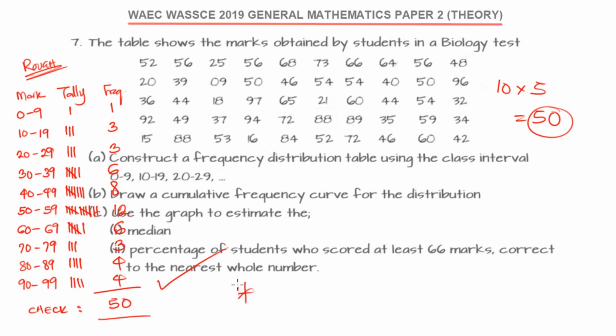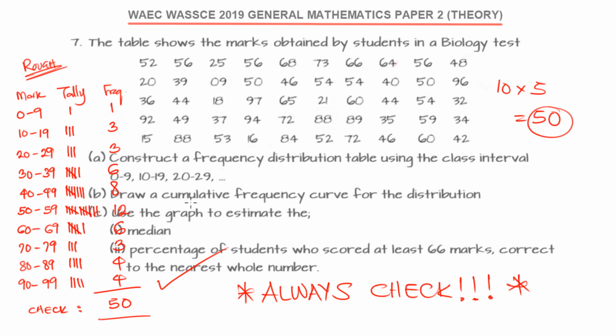Now, checking, I know that now I'm on the right track. I can go ahead with the other equation, but I cannot emphasize this enough. Once you miss out on the number of entries, there's no way the question is going to be correct. Your solution will not be correct. But if you have checked and you have confirmed that all the entries are represented, you have your frequency as desired, you can now go to get the other questions done.